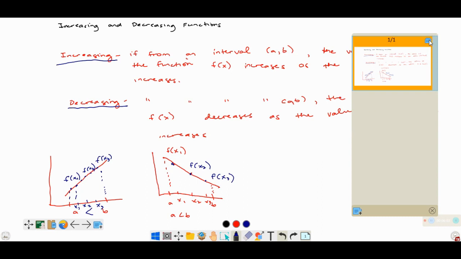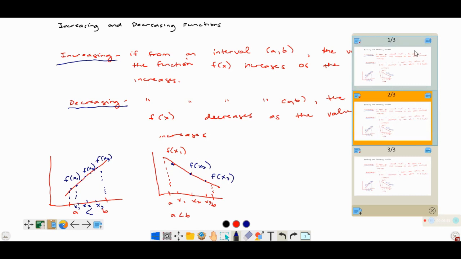Lagay na natin dito yung mga prerequisites for solving, or finding out the behavior of functions, determining whether they are increasing or decreasing.